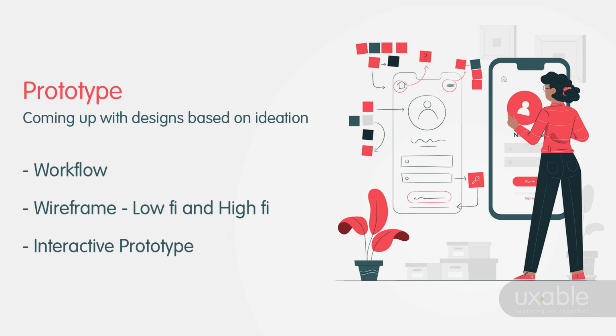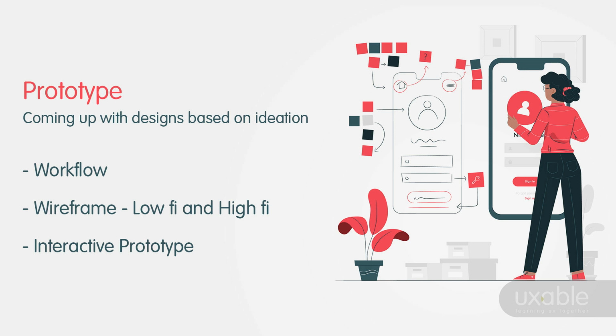So we come up with some refined designs based on our ideation, which was brainstorming, information architecture and the initial sketches. Then in the prototype stage, we come up with the workflows of our product.